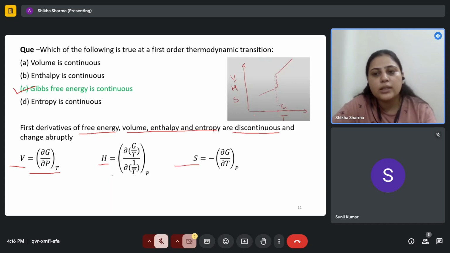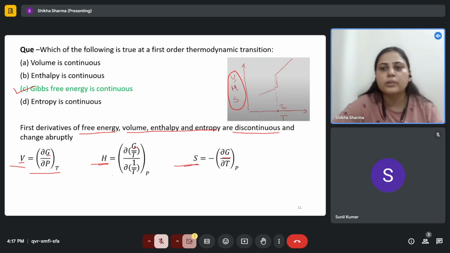So when we see the graph, the x-axis is temperature and the y-axis is the first derivative of the Gibbs free energy, which are volume, enthalpy, and entropy. As we see, this is the Gibbs free energy, and these are its first derivatives: volume, enthalpy, and entropy.